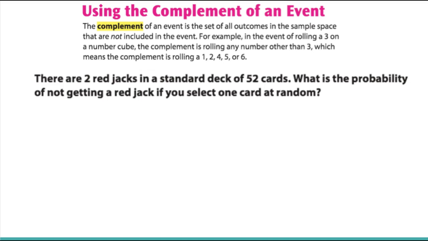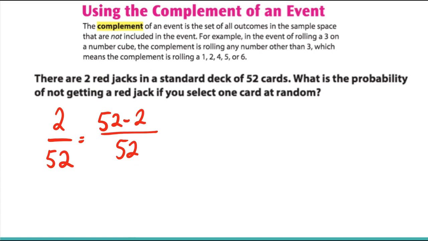So let's look at our example. It says there are 2 red jacks in a standard deck of 52 cards. That means 2 out of 52 cards are red jacks. Well, we're looking for the probability of not getting a red jack. That means every other card. So we take our 52 cards, we take away our 2 jacks, and that will tell us the probability of getting anything other than a jack.